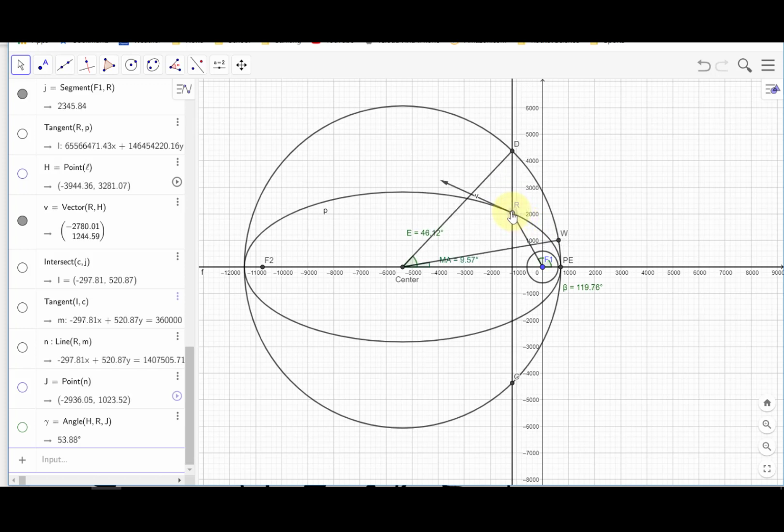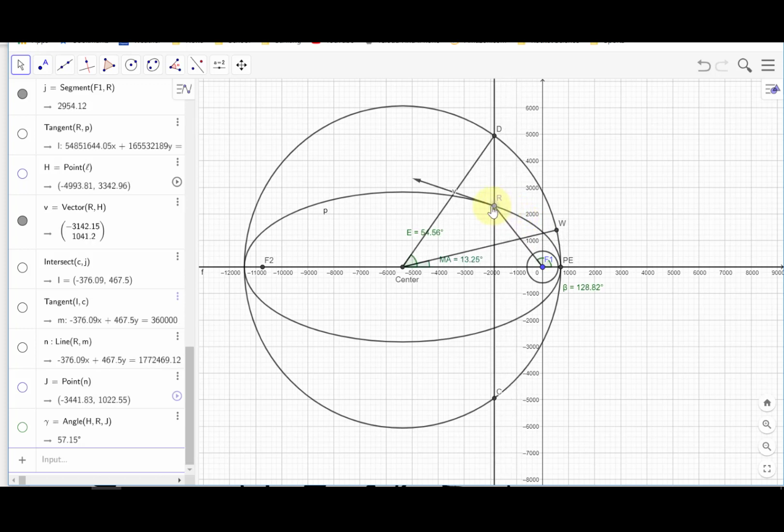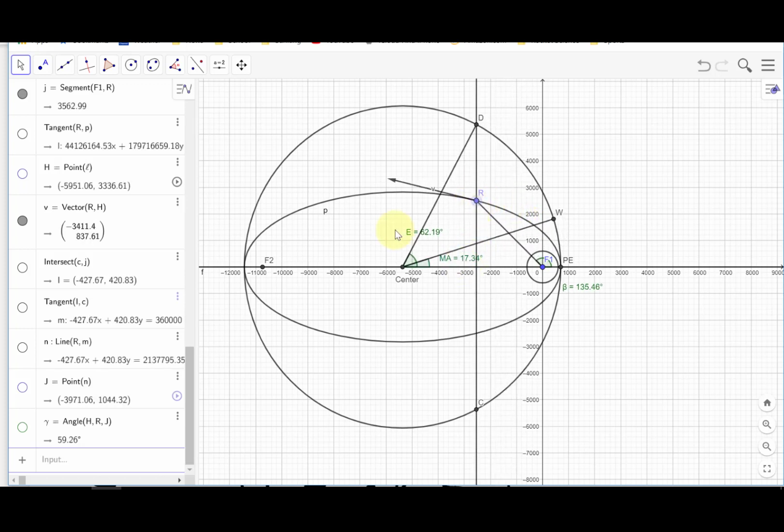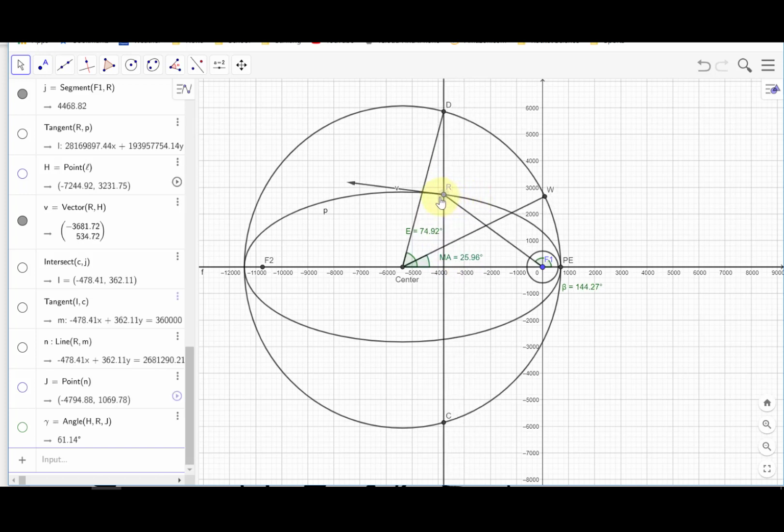I've got included, as the rocket follows the elliptical path, mean anomaly and eccentric anomaly also visualized here. I did a separate video on what these angles are and how they relate, but let's just do this one thing here.